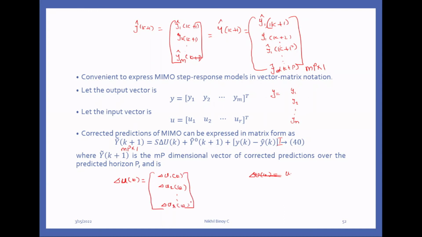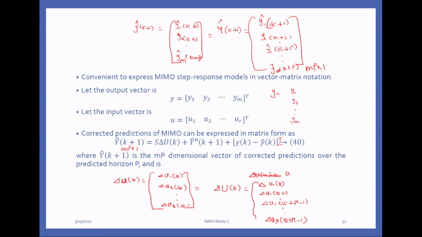Now, if you are considering capital M horizon of input, then delta capital U of k equals, first take the first input, delta u1 of k, then delta u1 of k plus 1, etc., delta u1 of k plus M minus 1, etc. Now take the last input, delta ur of k plus M minus 1.